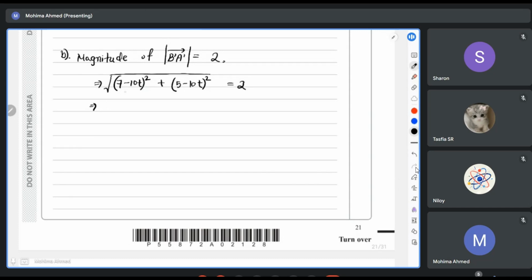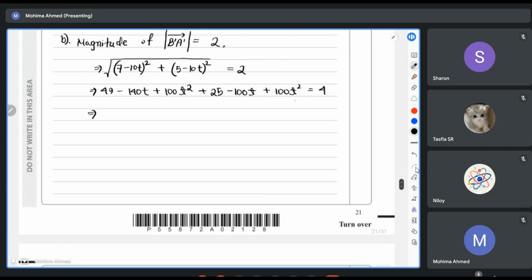If you break this down, you have 49 plus 70, which is 2 into 7 into minus 10, so minus 140t and plus 100t square. And then again 25, 5 into 10 into 2 is 100, minus 100t, and then again 100t square is equal to 4, right? 2 square becomes 4.